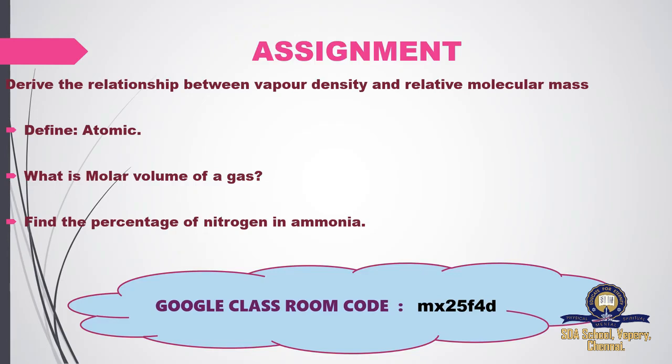So you can find the ammonia's molecular formula, then use the atomic mass to find out the nitrogen's percentage in the compound. Here you have your Google Classroom code MX25F4D. Kindly log in only for 10A3, that is 10C students.